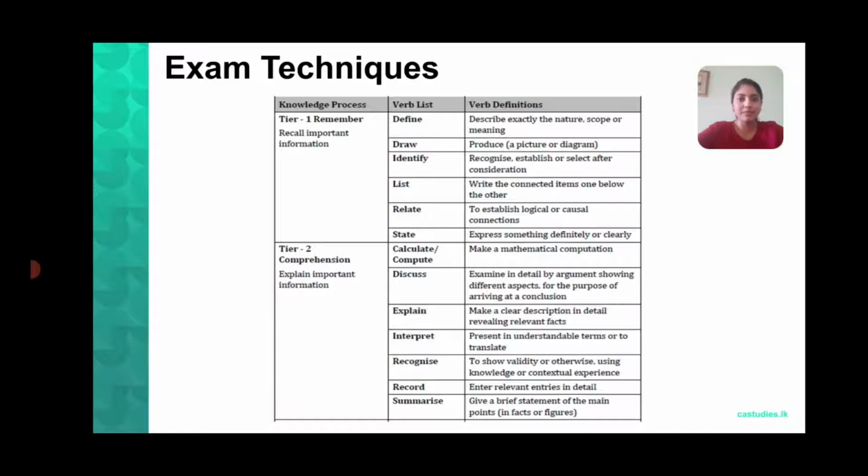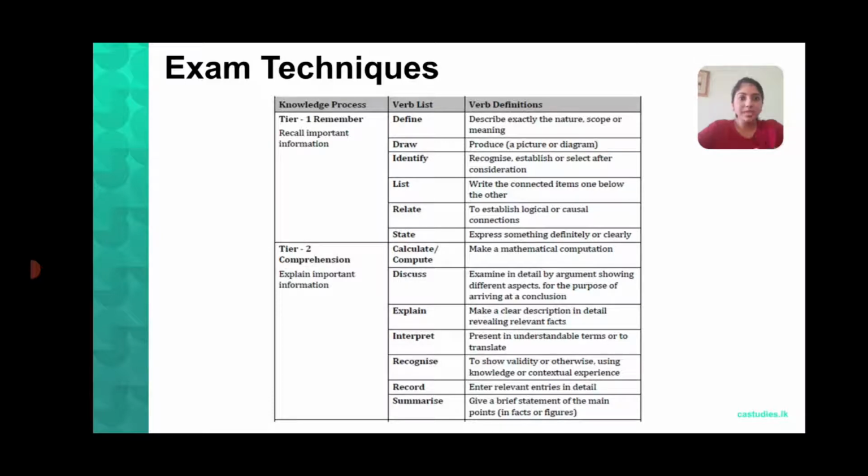That's enough. When it comes to discuss, you need to discuss in detail with arguments. Also, you need to arrive at a conclusion. When it comes to explain, you just describe, giving some examples. You can just describe, no need to give any arguments.